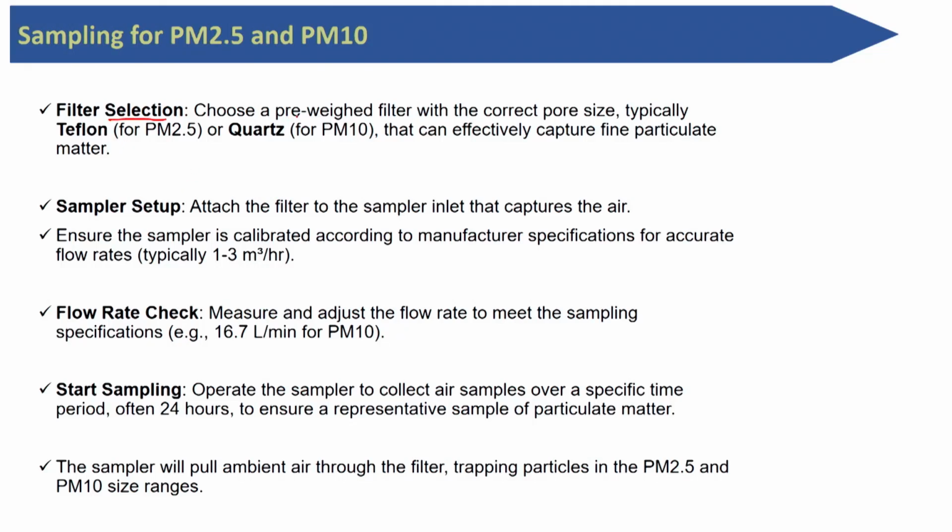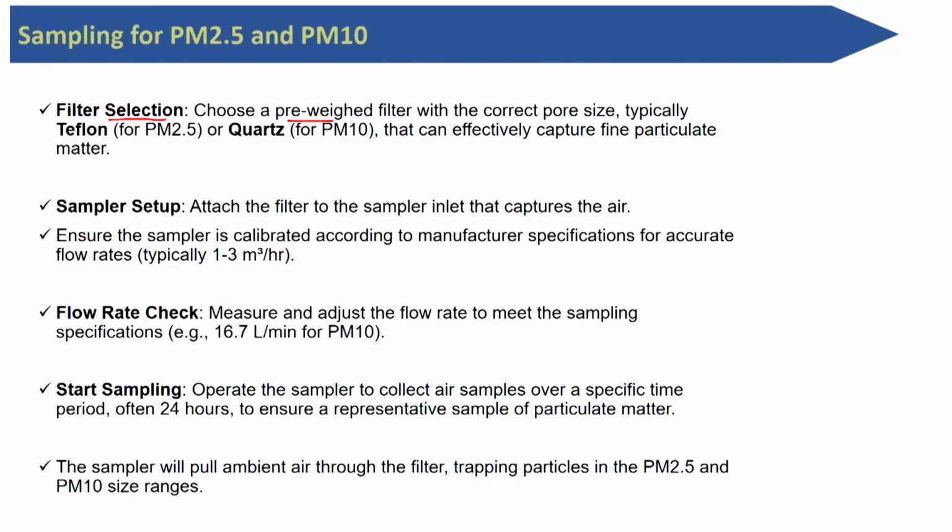I have discussed in detail that you usually use pre-weighed filters with a very effective, smaller pore size for PM2.5, and quartz for PM10, and we use quartz and Teflon both for PM2.5 and PM10, and the fine particulates can be effectively captured from the air.